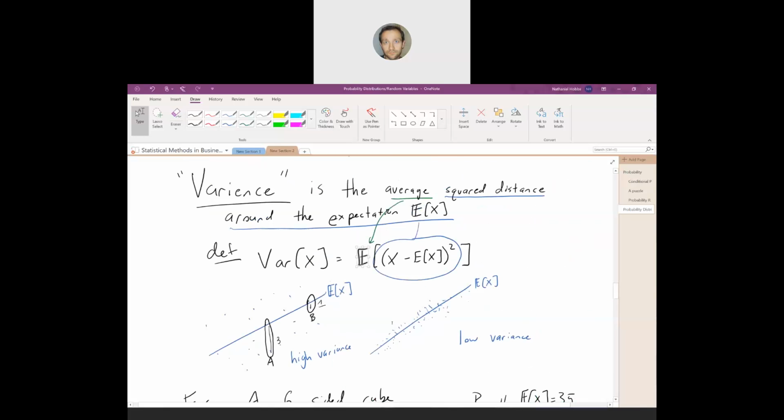Okay, before I go on, expectation and variance. Are there any questions about either of these? Because right now I'm just reviewing.